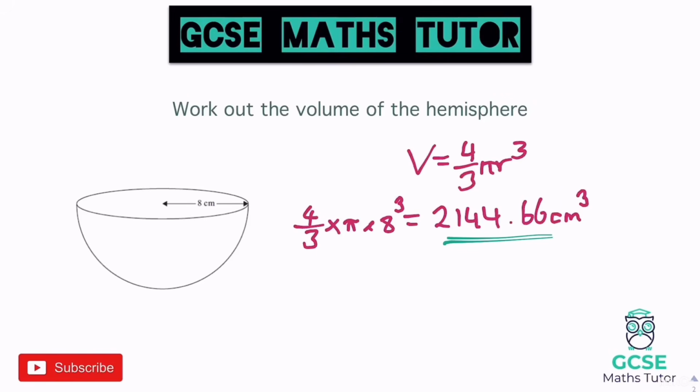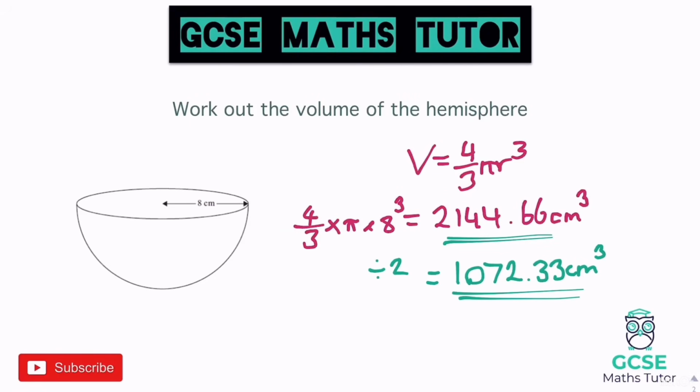So I just need to divide my answer by 2 here. And once we divide that by 2, we get a final answer of 1072.33. Again, I've rounded it there, centimetres cubed. And that would be your final answer here for the volume of a hemisphere.